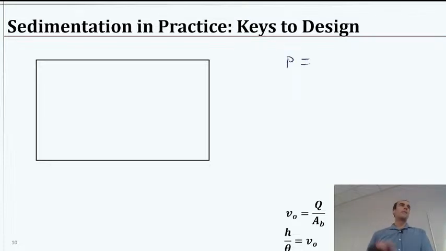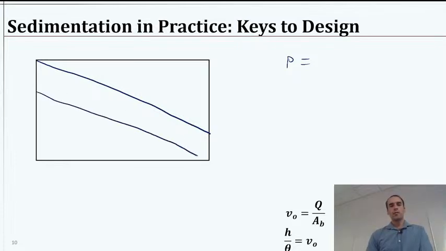We can describe the portion of particles removed. So in that example where not all particles are removed here for a given Vs, right? If this is the same line, same velocity here, we can actually find the portion of water that escapes.